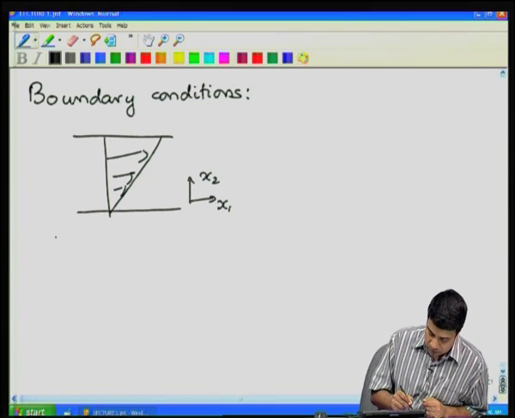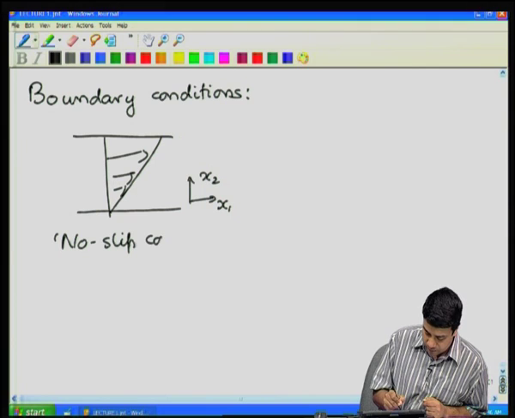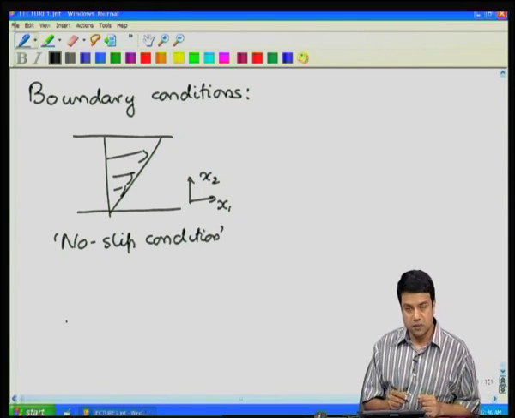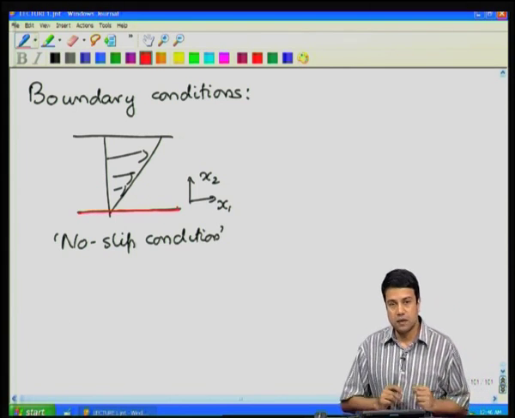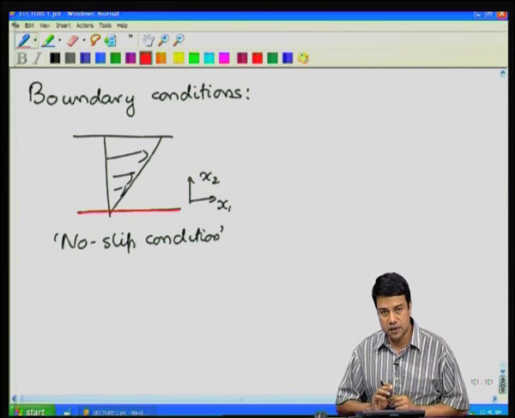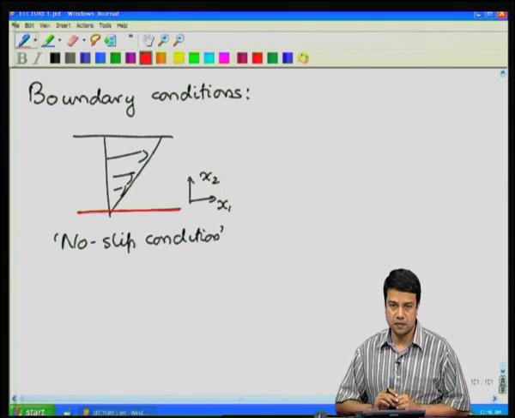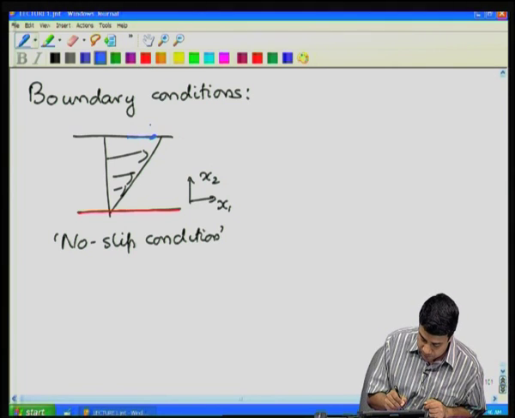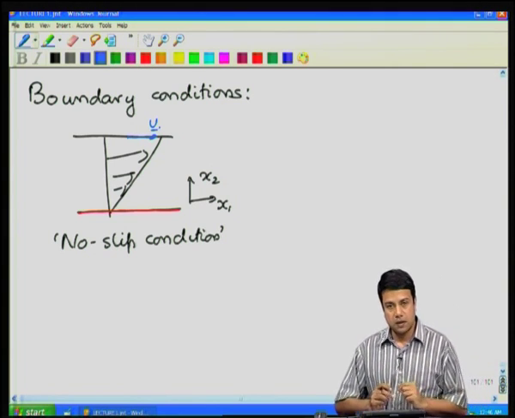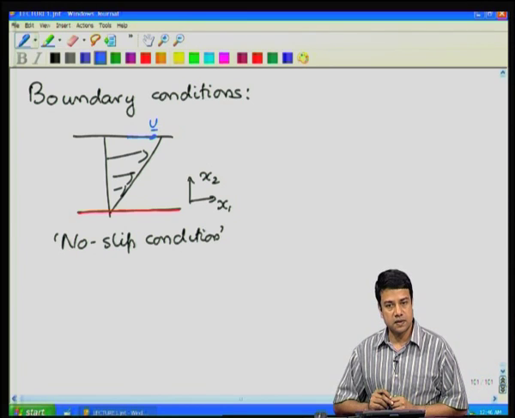It is called the no slip condition. So, in this case, if the bottom surface is stationary, the fluid velocity is also 0 on that bottom surface. The top surface is moving with some velocity u. The fluid at that surface is also moving with exactly the same velocity.